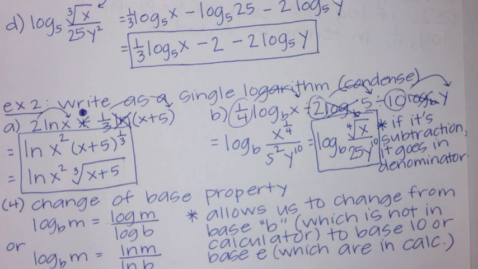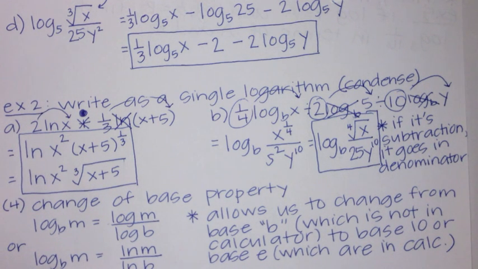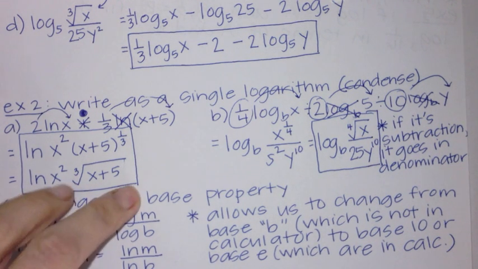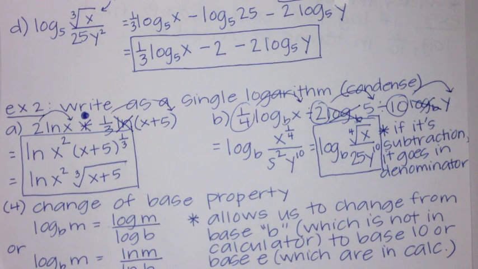Or if your preference is natural logs, you can do the same thing with natural logarithms: you take the natural log of your argument and divide it by the natural log of your base. The way that I remember this is, first of all, b is at the bottom, so it should be at the bottom, and also it's kind of lower when you write the base of that logarithm. It's lower, so it belongs in the bottom as well. Okay? I'll leave that up there for a second so that you can pause it and copy it down.